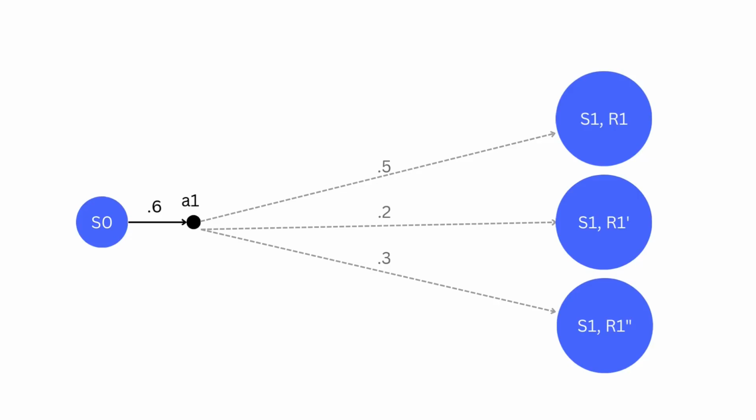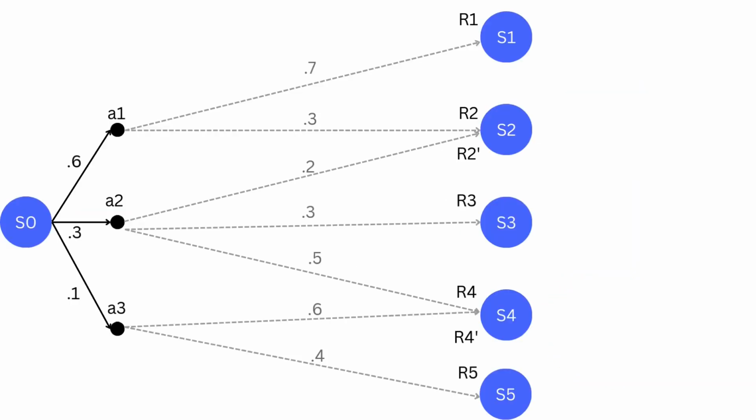If the agent at S0 takes action A1, the resulting state S1 will be associated with a probabilistic reward. The probability of reaching S1 and receiving reward R1 is 0.5. The probability of reaching S1 and receiving reward R1' is 0.2. The probability of reaching S1 and receiving reward R1" is 0.3.